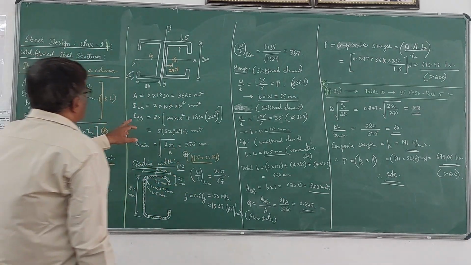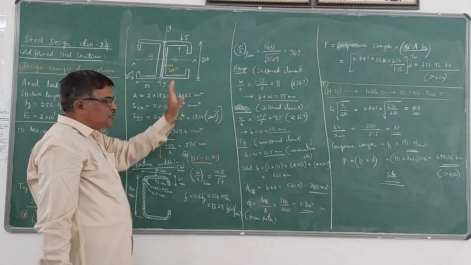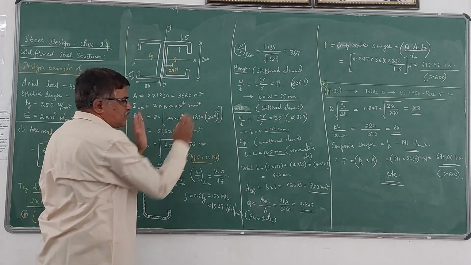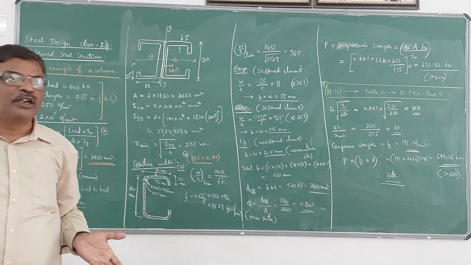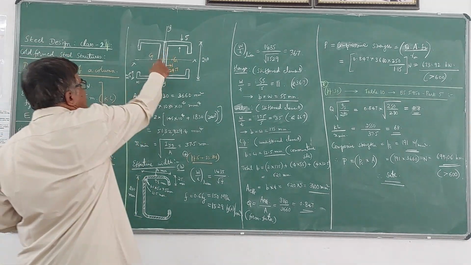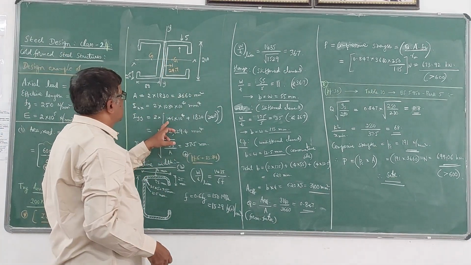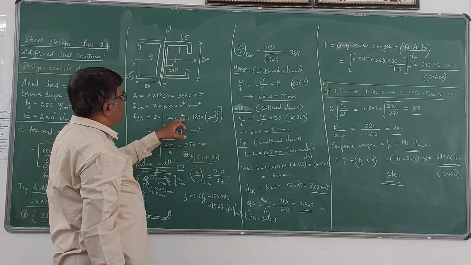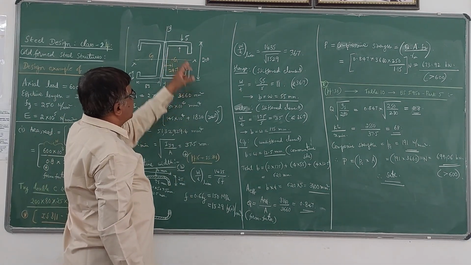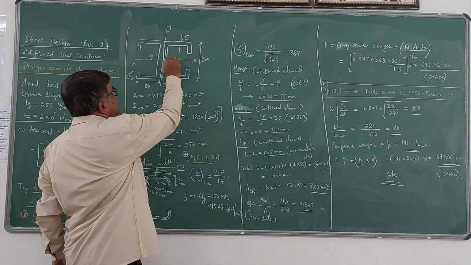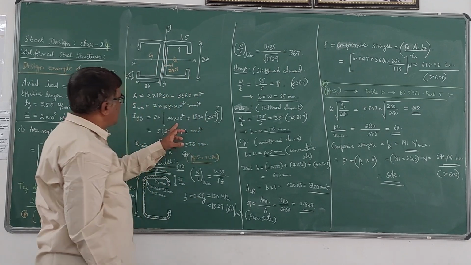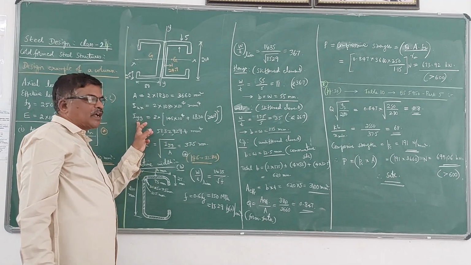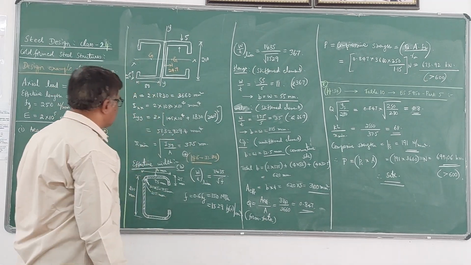So to calculate this Iyy of this double C section, for one channel section we have to compute and multiply it by 2. So for this one channel section, using parallel axis theorem, Iyy is 145 into 10 power 4 plus area multiplied by the square of the distance between these two axes. And multiply that by 2, you are going to get the Iyy for the double C section.